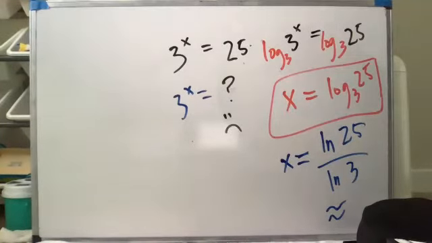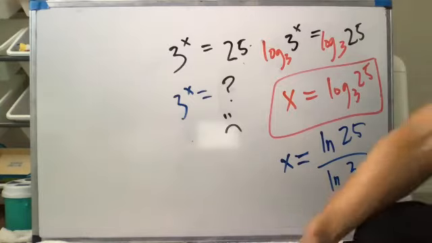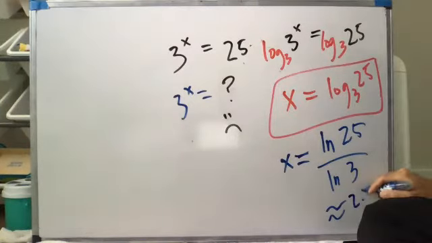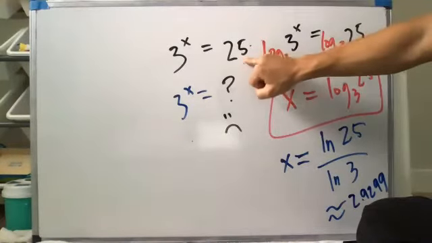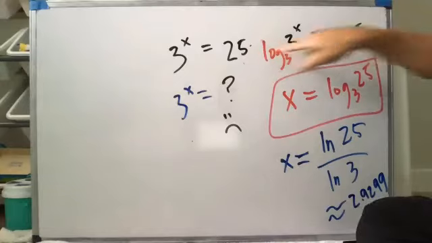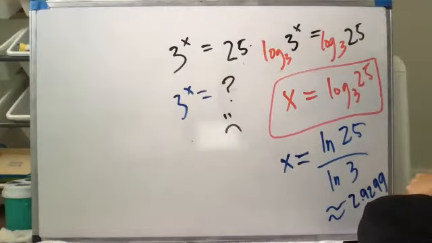Okay, let's see, ln of 25 divided by ln of 3, and that's about 2.9299. And not surprisingly, it's close to 3, right? Because remember the answer when it was 27 was 3. So if I make it a little lower, then it should be something a little lower. That seems to make sense.